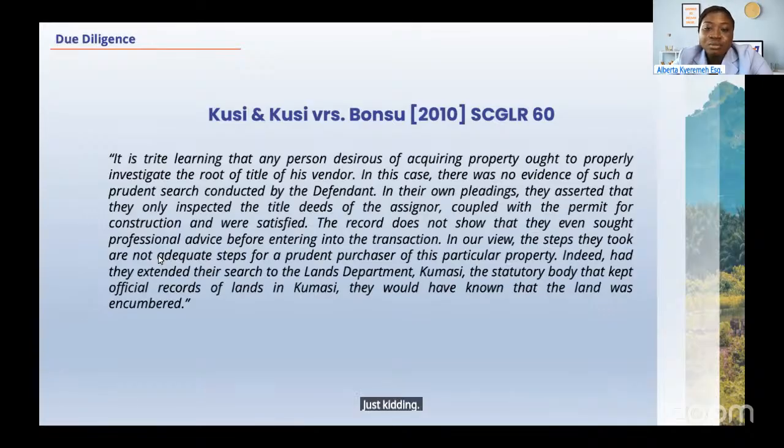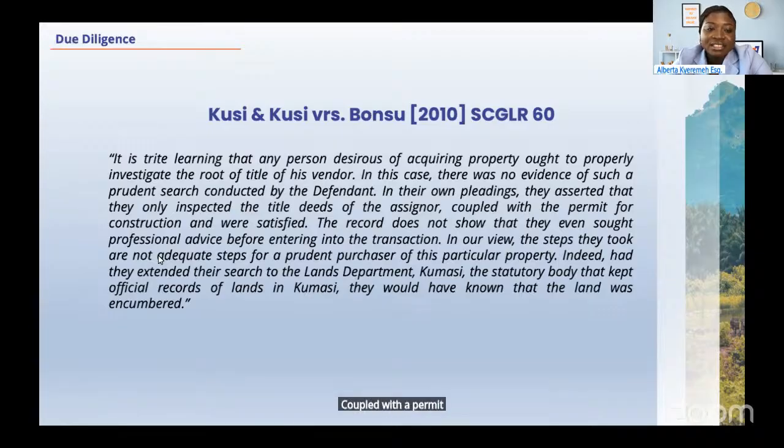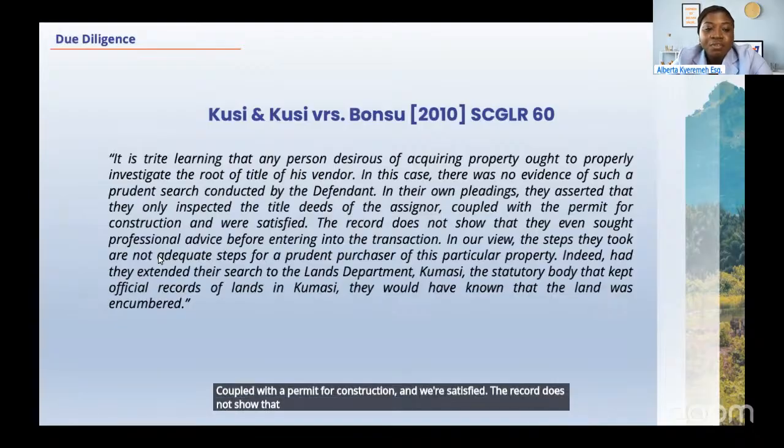In the defendant's own pleadings, they said that they only inspected the title deeds of the assignor, coupled with a permit for construction, and were satisfied. The record does not show that they even sought professional advice before entering into the transaction.